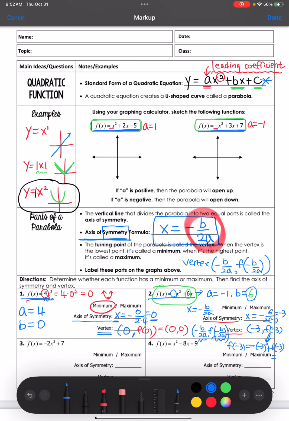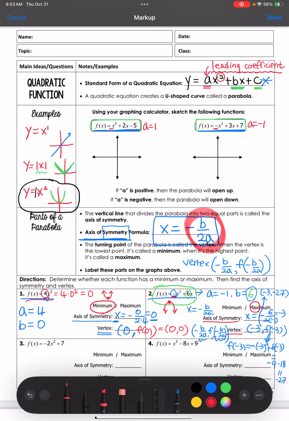So it's going to give me negative 9 minus 18, so it's going to be negative 27. So my vertex, I know I don't have much space here, is going to be negative 3, comma, negative 27. And because my leading coefficient is negative, my graph would be pointing down. So I'll have the maximum.